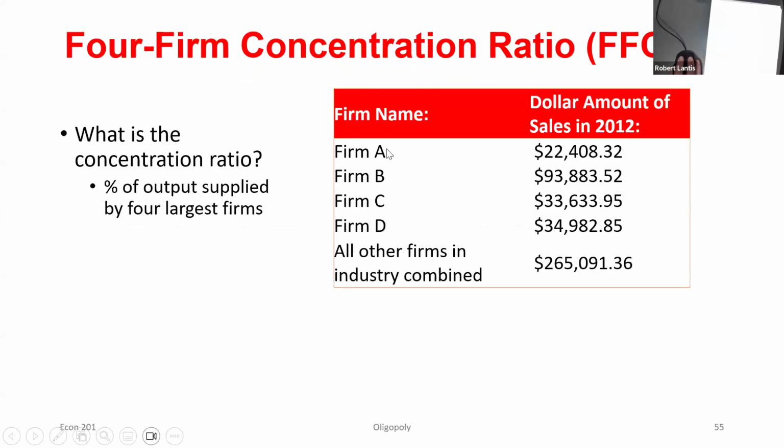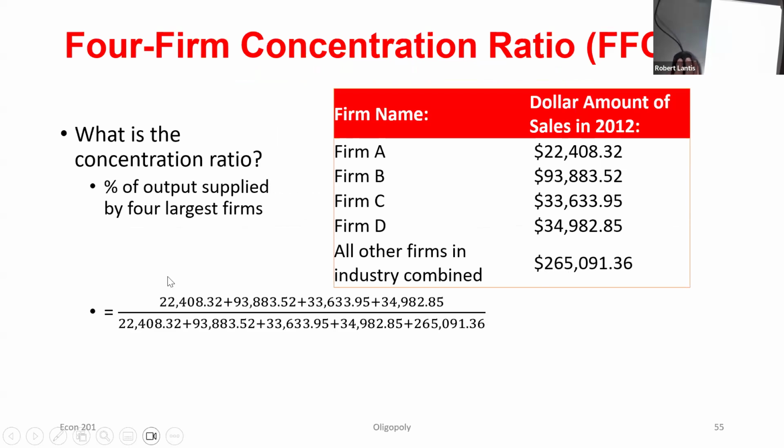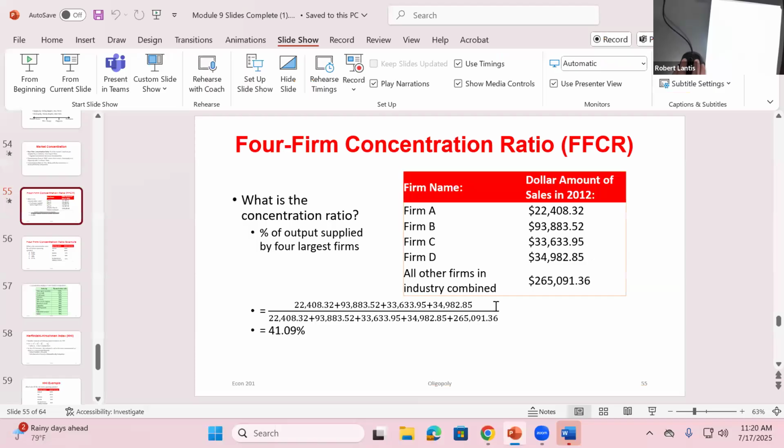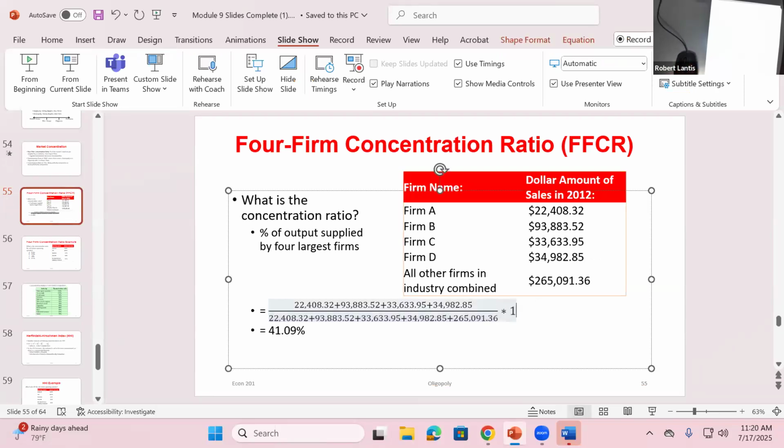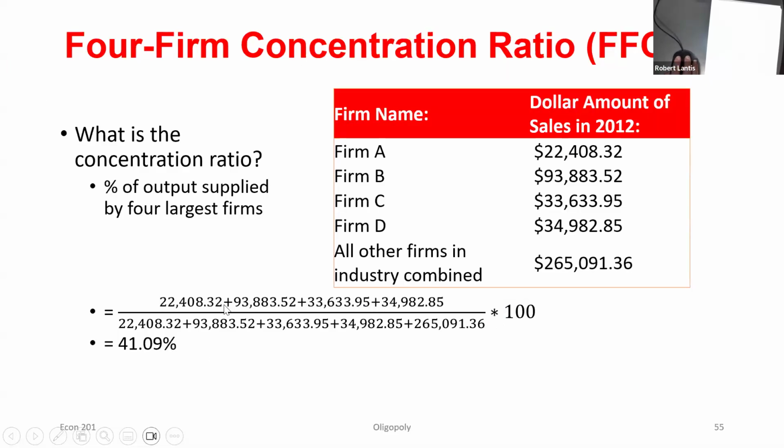Okay? So you could think about, let's say I had something like this, where I give you the top 4 firms, and then every other firm in this industry. How would I find that 4-firm concentration ratio? Well, how do I find their market share? I would find the total, add up the top 4 firms, divide it by the total, and then multiply by 100 to scale it up to a percent, since the 4-firm concentration ratio should be in terms of percentage.